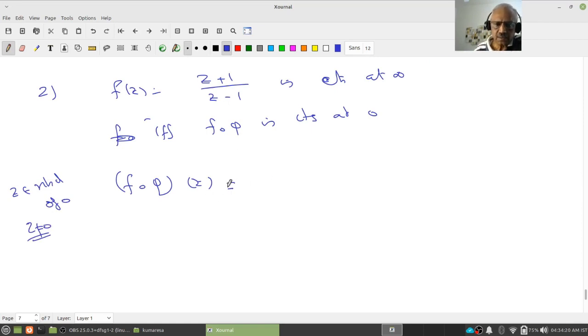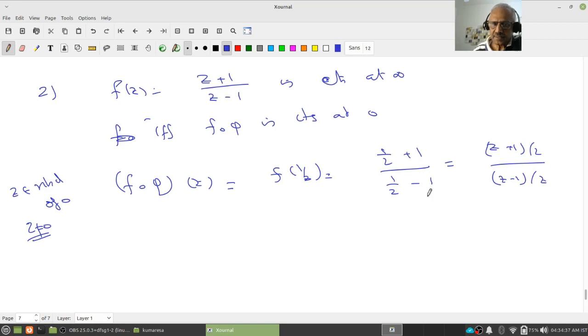So what is f of 1 by z? That is 1 by z plus 1 by 1 by z minus 1. Doing arithmetic, that is z plus 1 by z over z minus 1 by z. Remember z is not equal to 0, therefore this is z plus 1 by z minus 1. And what is f of phi of 0? That is f of infinity, which we define to be 1.